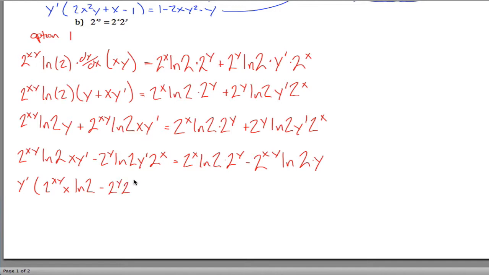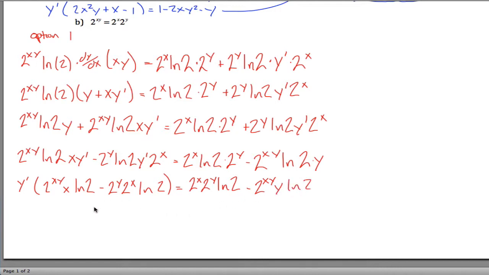I got a 2 to the x, 2 to the y, 2 to the x, and then another natural log of 2. And I didn't write y prime because I factored that out in front. And over here I got 2 to the x, 2 to the y, natural log of 2, just rewriting the order, minus 2 to the xy times y, natural log of 2.